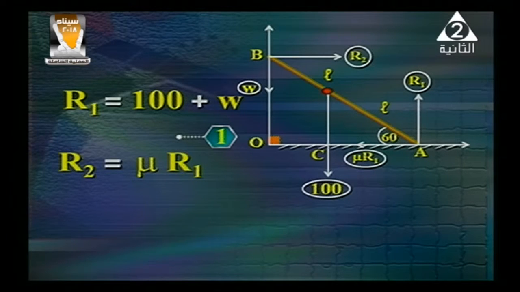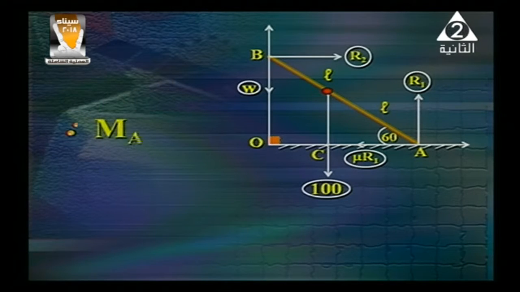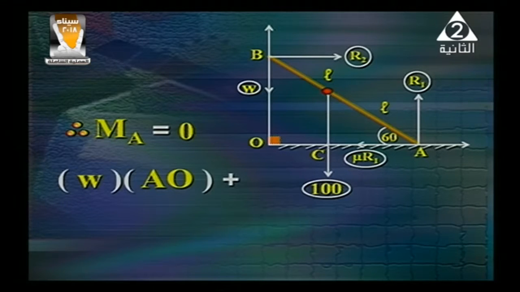The second equation, R2 equals mu R1, where the coefficient is root 3 over 4, so R2 equals root 3 over 4 R1. Then by substitution, take moments about A equals 0. Look at the moment at A: force times distance.